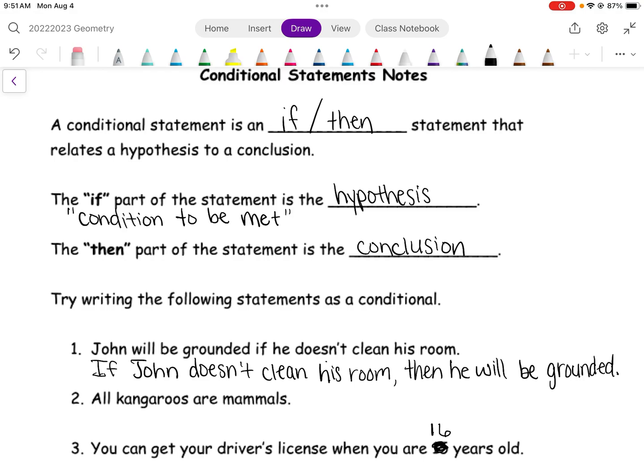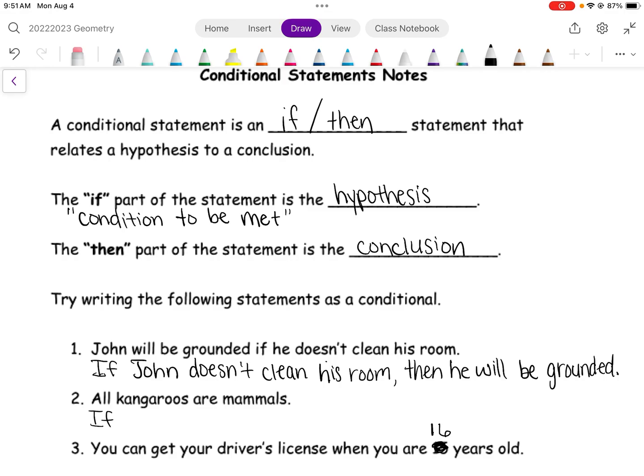Number 2, all kangaroos are mammals. So again, we don't want to change the meaning of the sentence. We just want to put it in if-then form. So it is okay to kind of add a few words to make your sentence make sense. But I want you to think about something. Are we saying all kangaroos are mammals? Or are we saying all mammals are kangaroos? Obviously, the sentence starts with all kangaroos are.